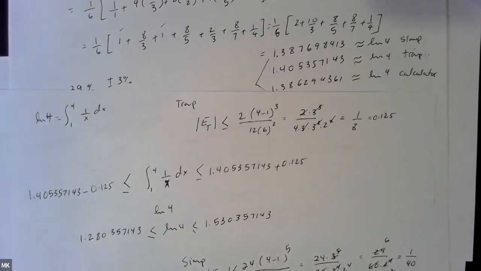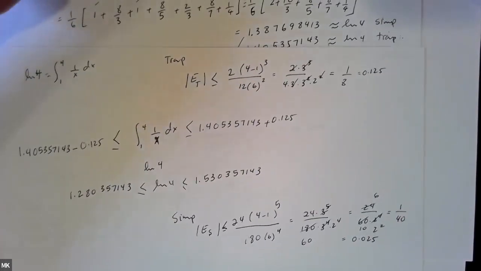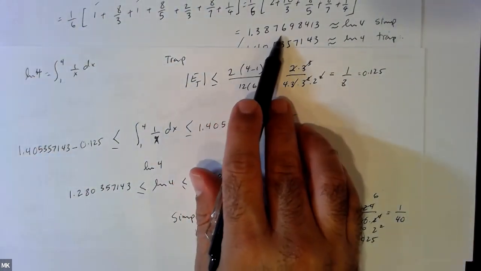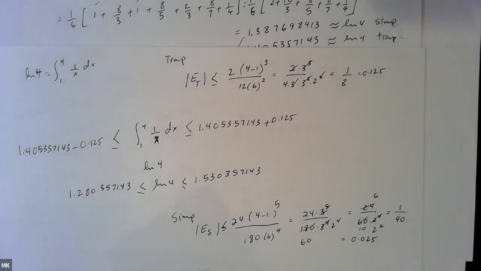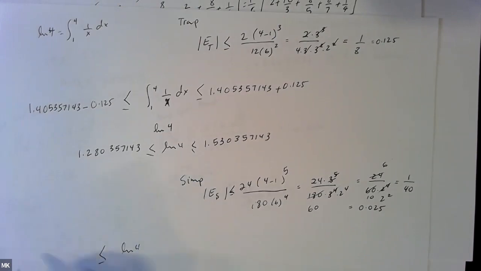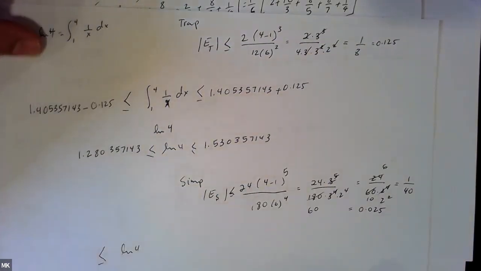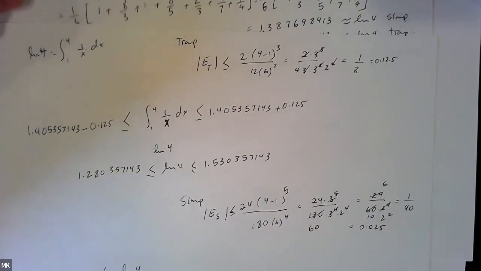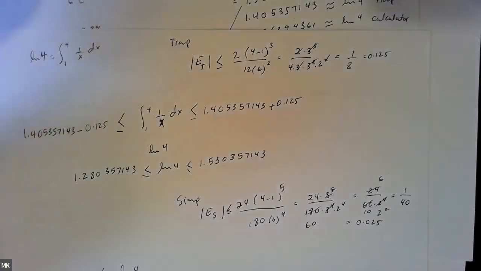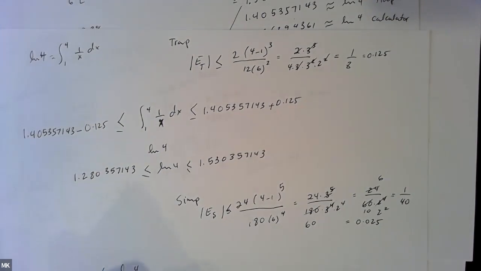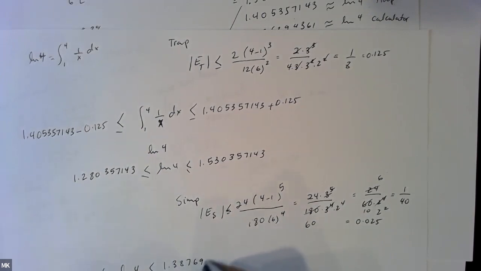Which means, going back to what my Simpson's rule approximation was, which was 1.3876984113, my ln of 4 with this approximation would be somewhere between what Simpson's rule gave me, 1.3876984113 minus 0.025 and 1.3876984113 plus 0.025.